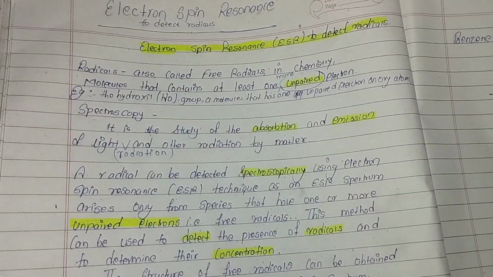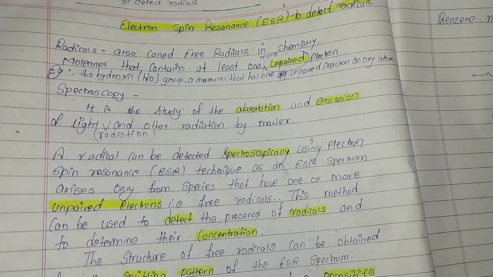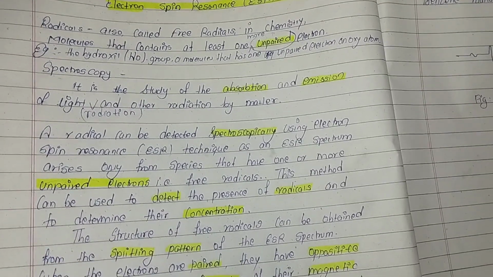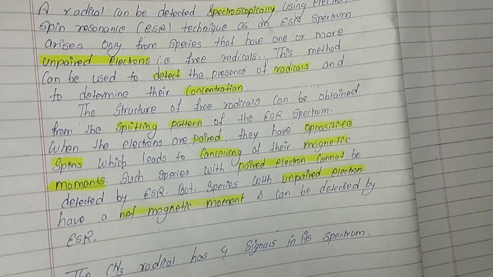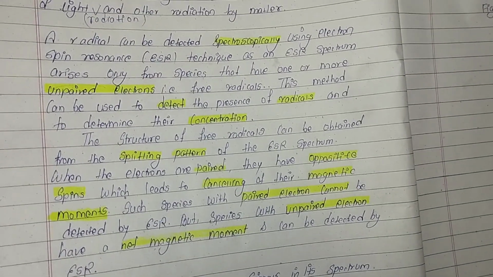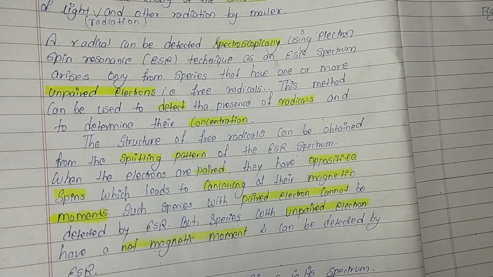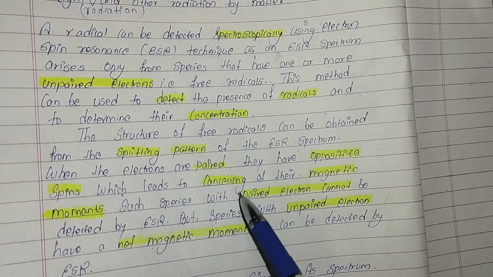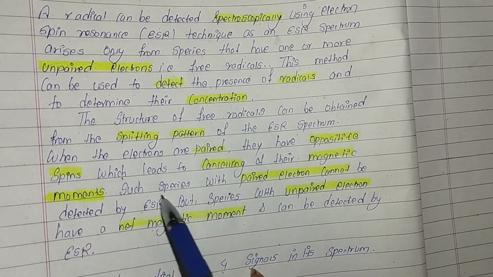What we learn here is that the ESR technique only detects unpaired electrons, not paired ones.